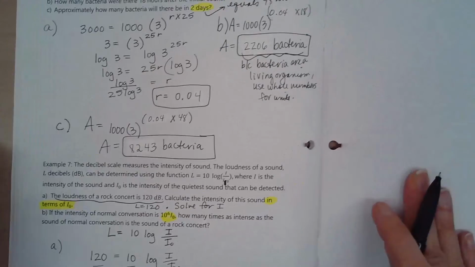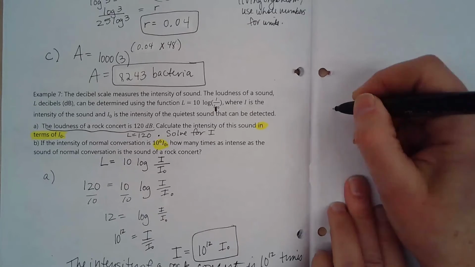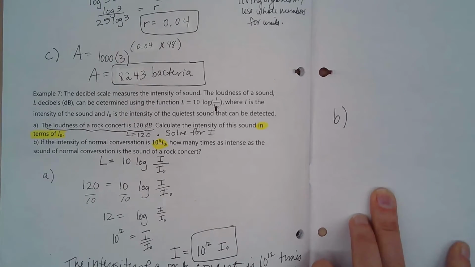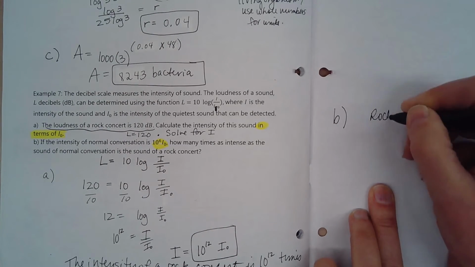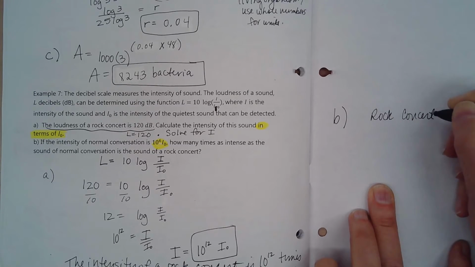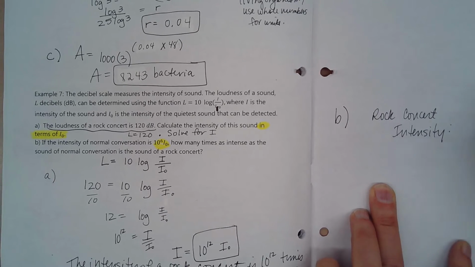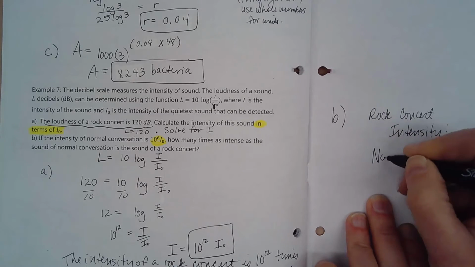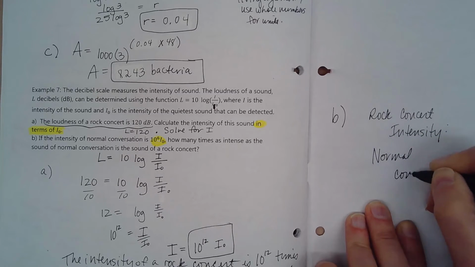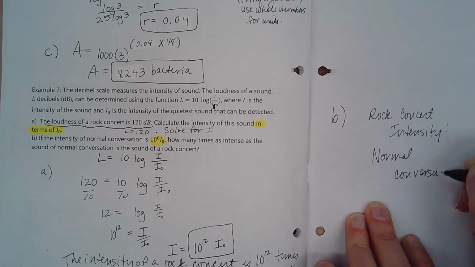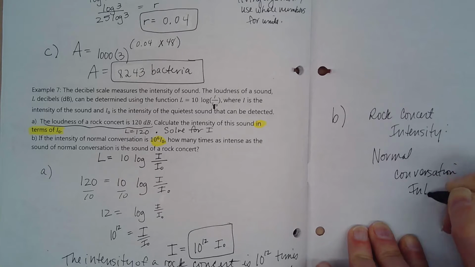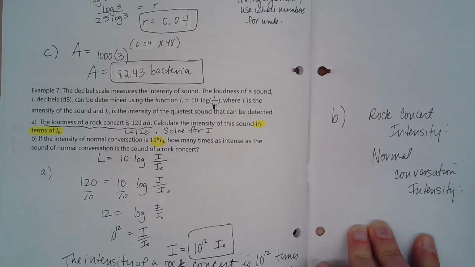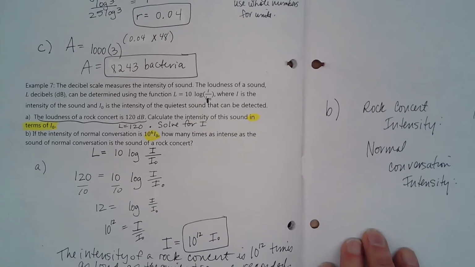So what do we have here? I'm going to move over on this side. Let's list our facts. The rock concert intensity, we just found out, was 10 to the 12 I0. Normal conversation, 10 to the 6 I0.